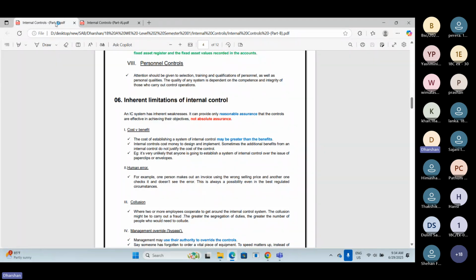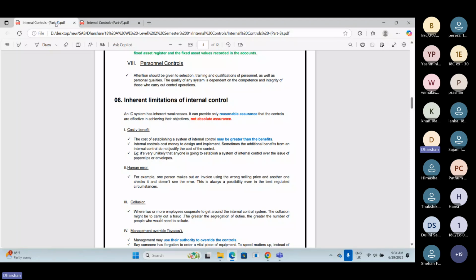The first scenario is the benefit. What I'm trying to say is that the cost of implementing a control is more than the benefit we are getting from that control. In such a situation, there is no point in implementing those controls. Not implementing a control is better than implementing controls while incurring more cost than benefit.